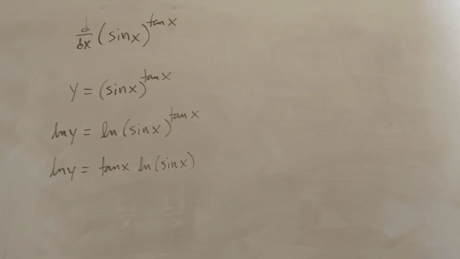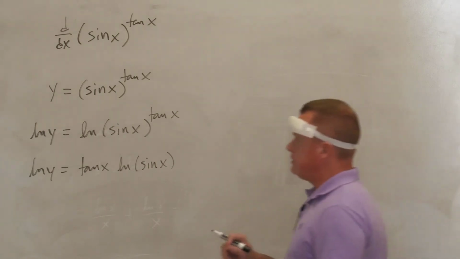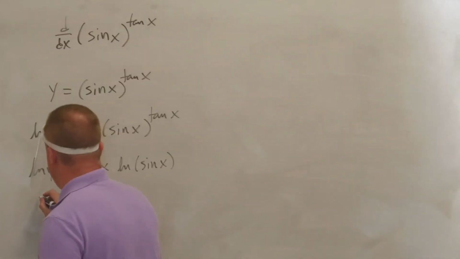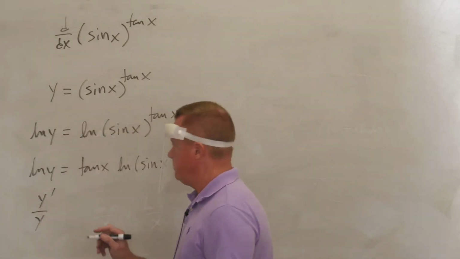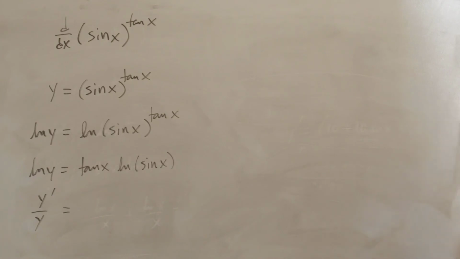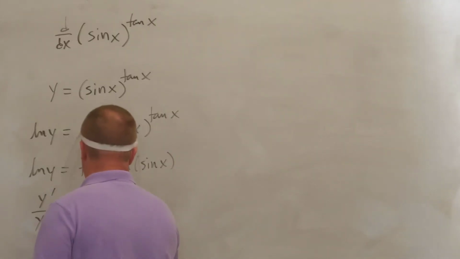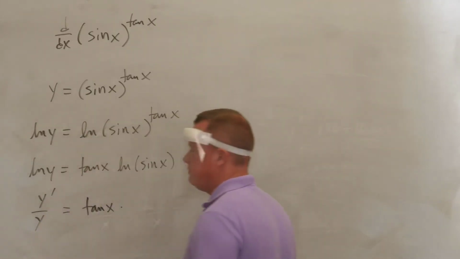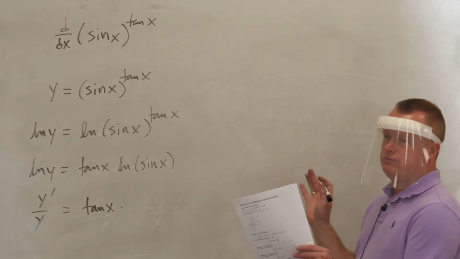All right, any questions so far? Take the derivative of both sides with respect to x. So on the left side, again, I get y prime over y. On the right side, I have a product. So I've got to do the product rule. I would say the first, tangent x, times derivative of the second. On the second one there, I've got a function inside a function.